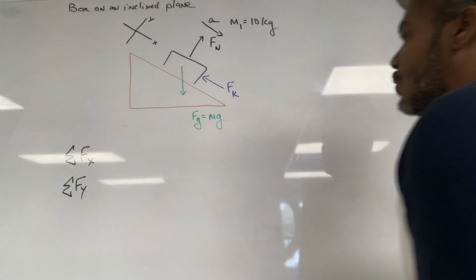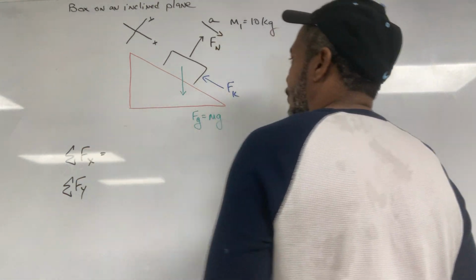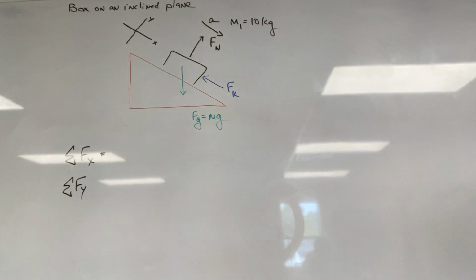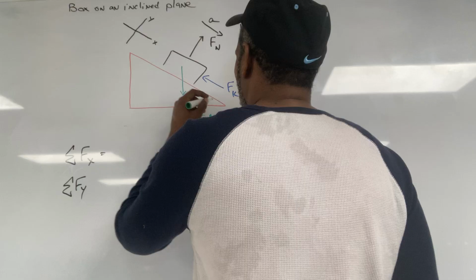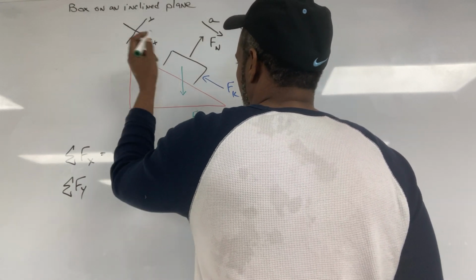All right, so when we sum our forces in the X, what are they? Well, when we take the projections of our gravity, which is what we're going to do, that's the green, right? Let's take the projections first.